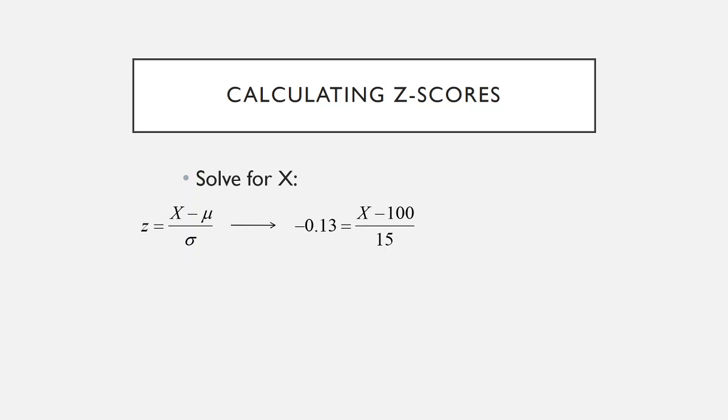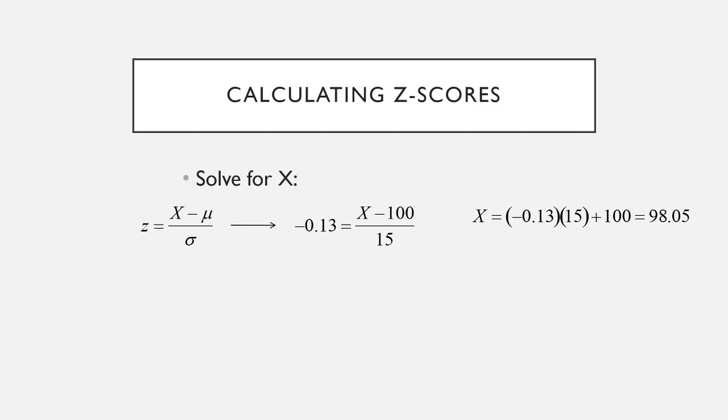I'm going to multiply both sides by 15, and I'm going to be left with a negative value on the left that I'll add 100 to. Adding 100 to a negative value is necessarily going to yield a raw score below 100. So make sure, if you're looking for a percentile below the mean, that you get that z-score changed to a negative before you solve. So in this case, your 45th percentile is a raw score of 98.05.